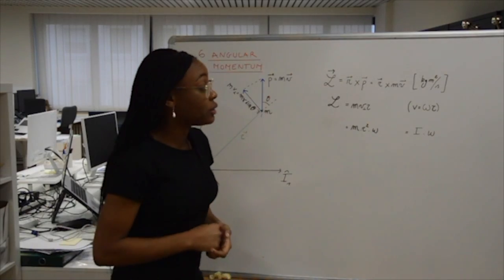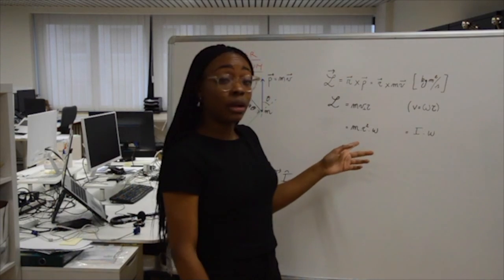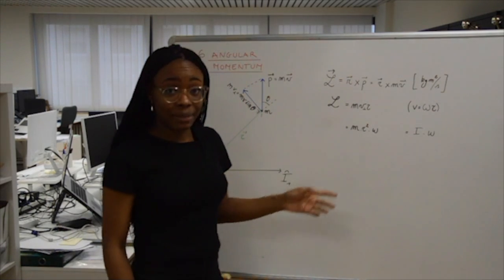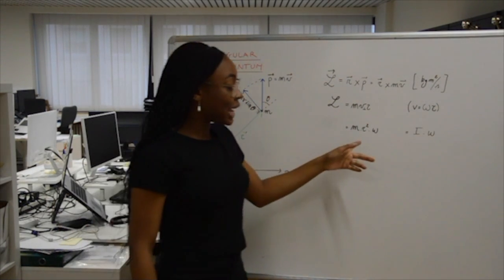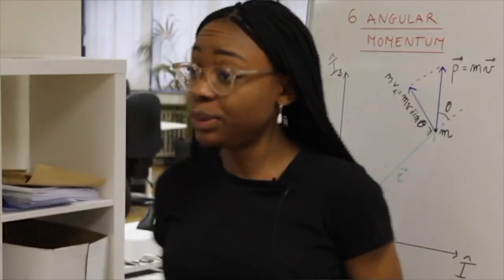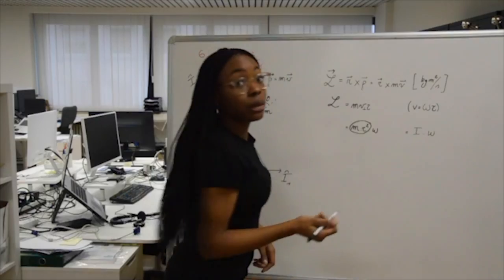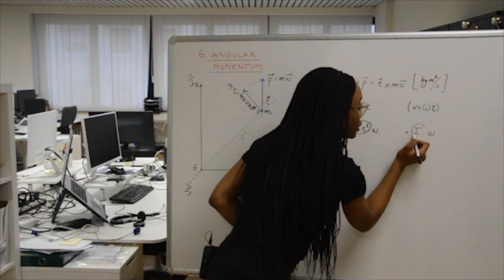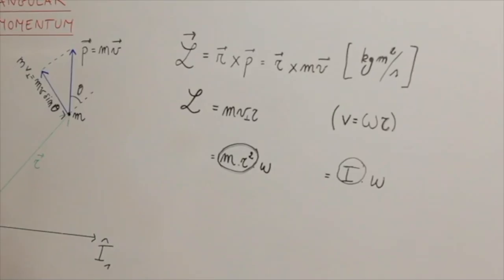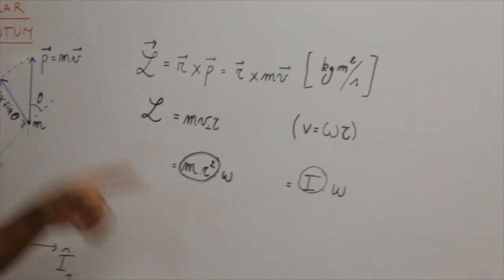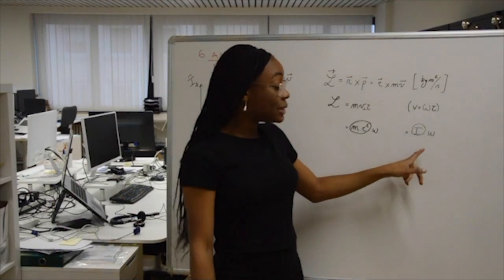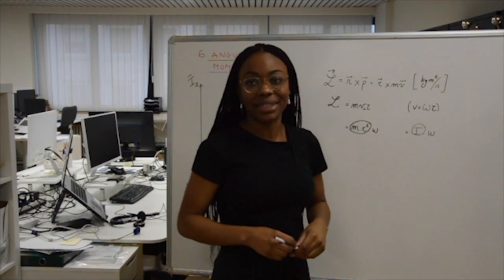If we integrate this equation into this formula, we have the mass times the lever arm squared times the angular velocity. As we have seen before, this equals the inertia. So the angular momentum equals the inertia times the angular velocity of the body.